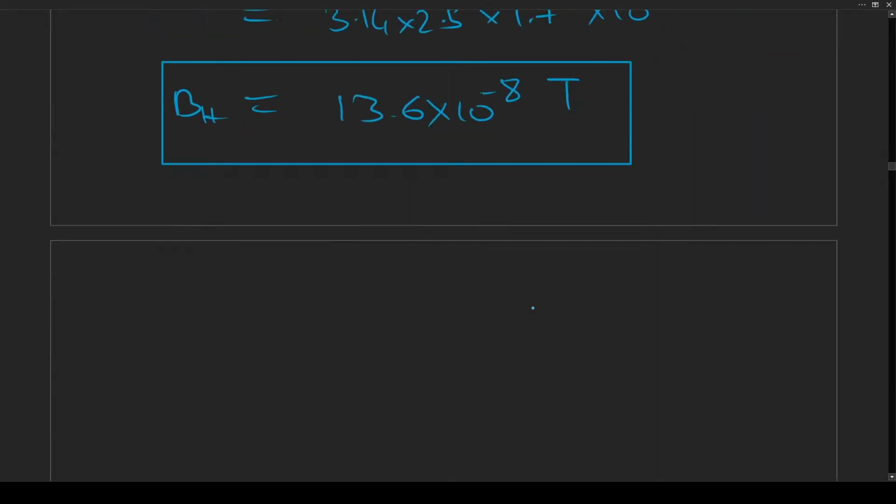This is the magnetic field due to Earth, the horizontal component of Earth's magnetic field.